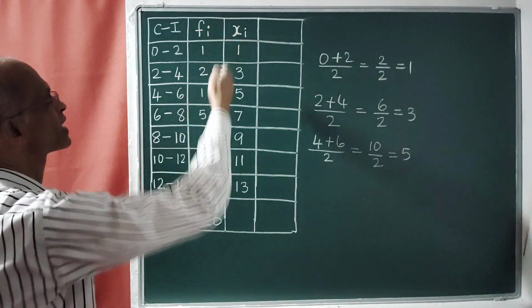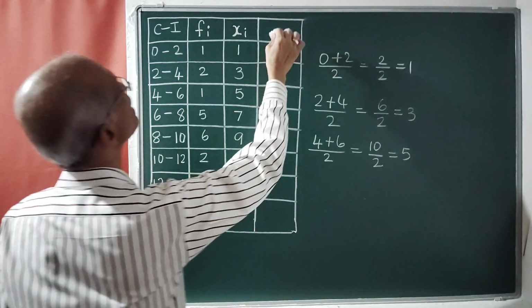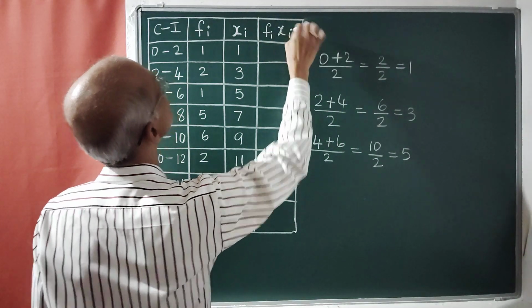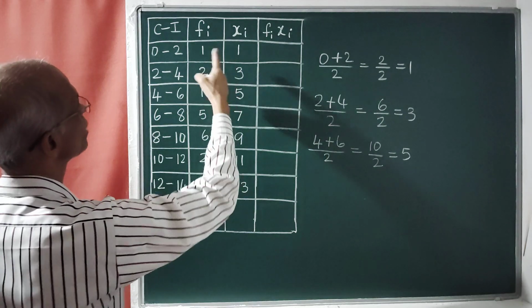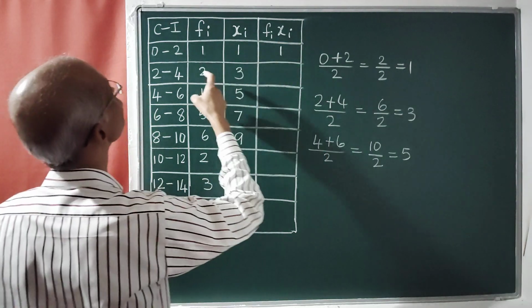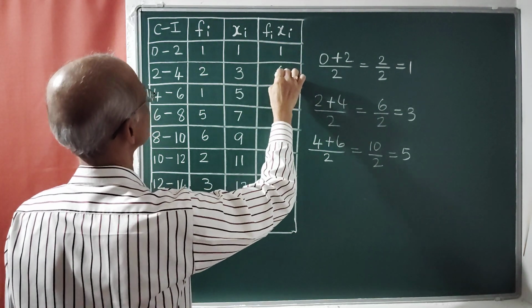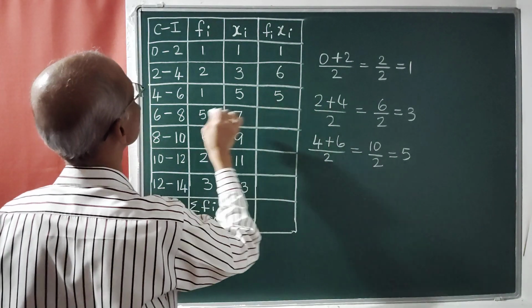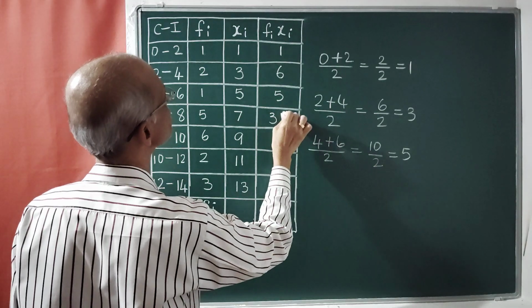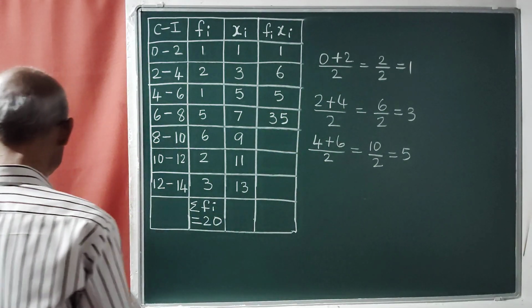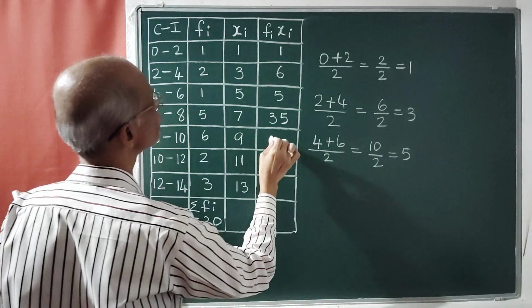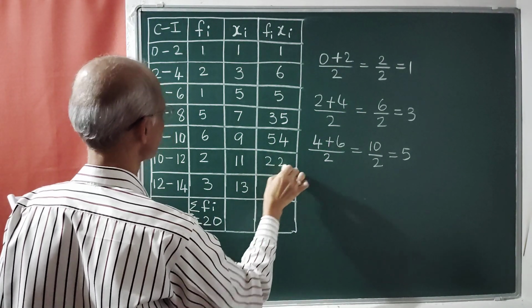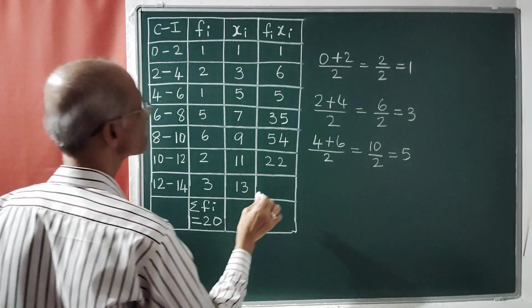We have found the values of xi. Now we have to find the values of fi xi. Fi into xi. 1 ones are 1, 2 threes are 6, 1 into 5, 1 fives are 5, 5 sevens are 35, 6 nines are 54, 2 11s are 22, 3 13s are 39.